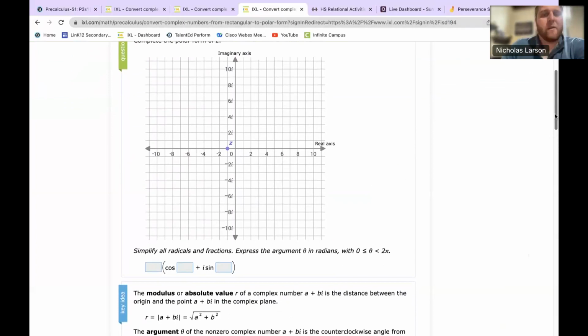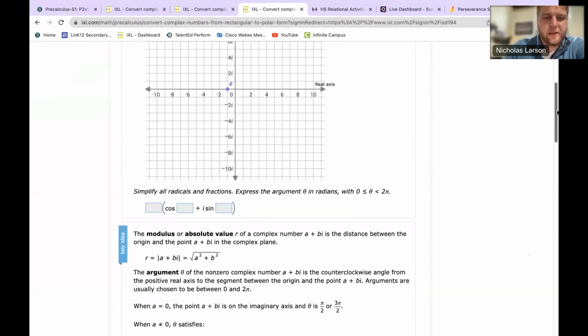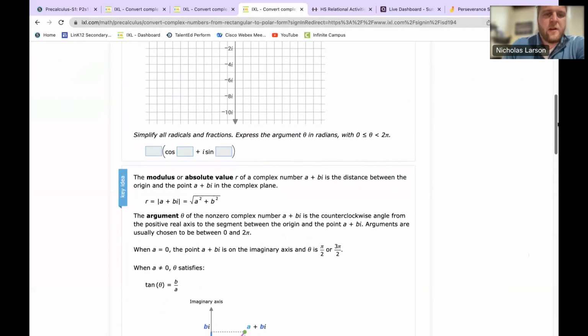Noticing where this is, it's on the real axis at -1. What we want to do is input the numbers where these boxes are, the numbers that we're going to change. These are going to stay the same.